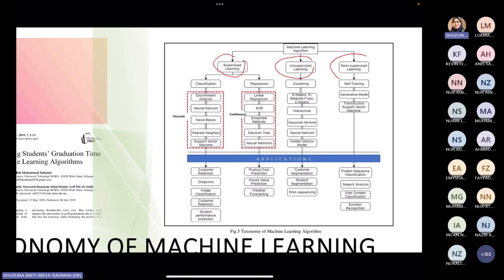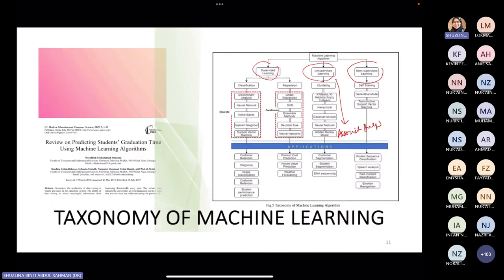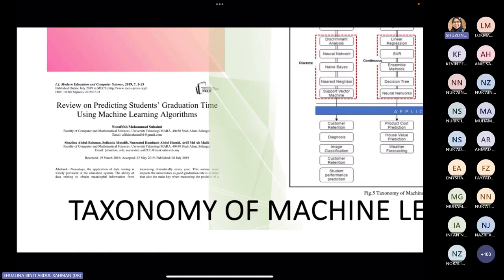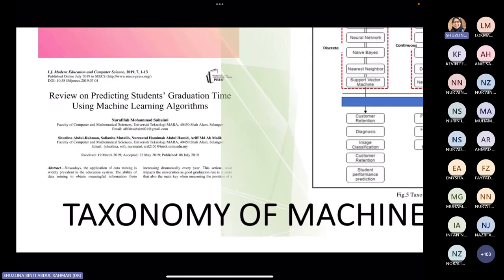Association analysis, as I mentioned, falls under unsupervised. The details can be found in this paper written by my master students, with me as co-author, where we review past studies on predicting students' graduation time using several machine learning algorithms.